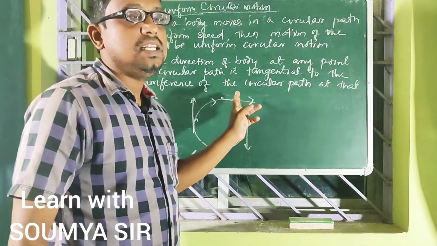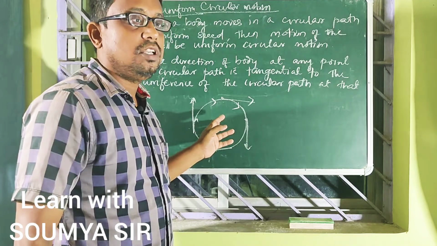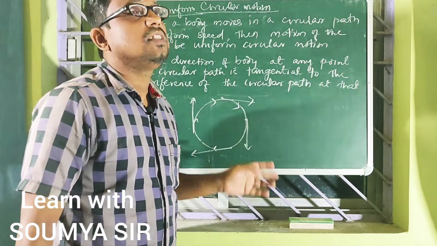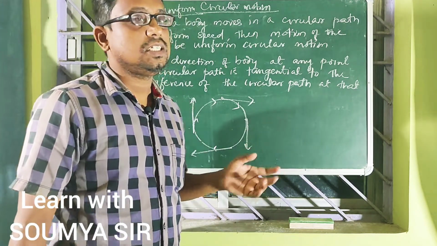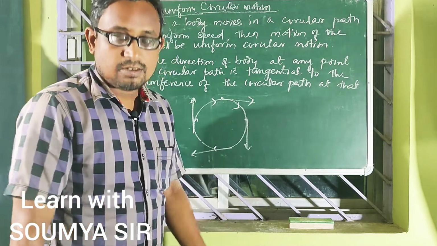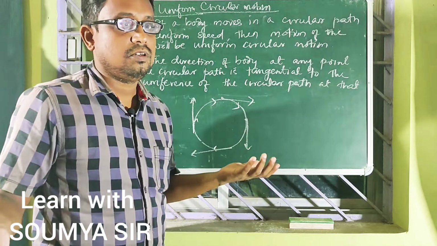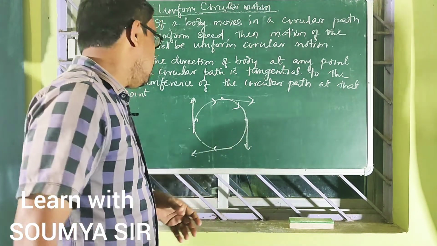As the direction of the body always changes when it moves in a circular path, the velocity of the body is also changing, because the direction changes. And after one revolution in the circular path, the velocity becomes 0 because the displacement becomes 0.